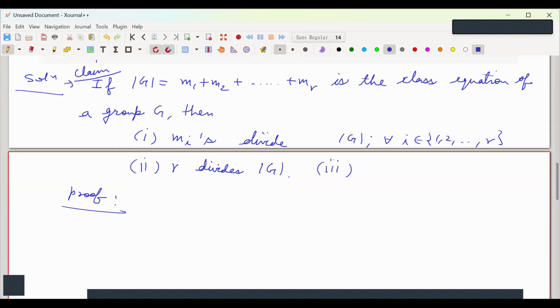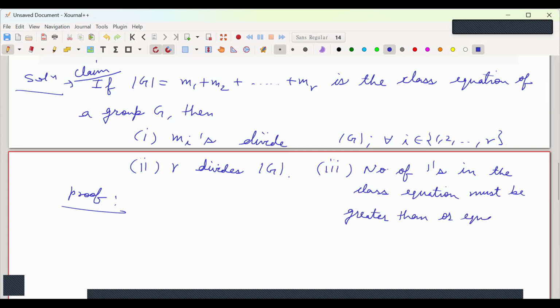It says that the number of ones in the equation must be greater than or equal to one.